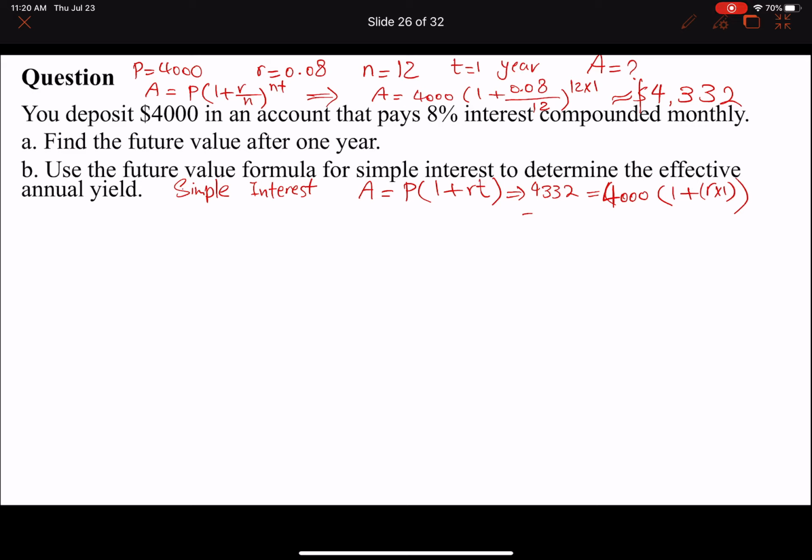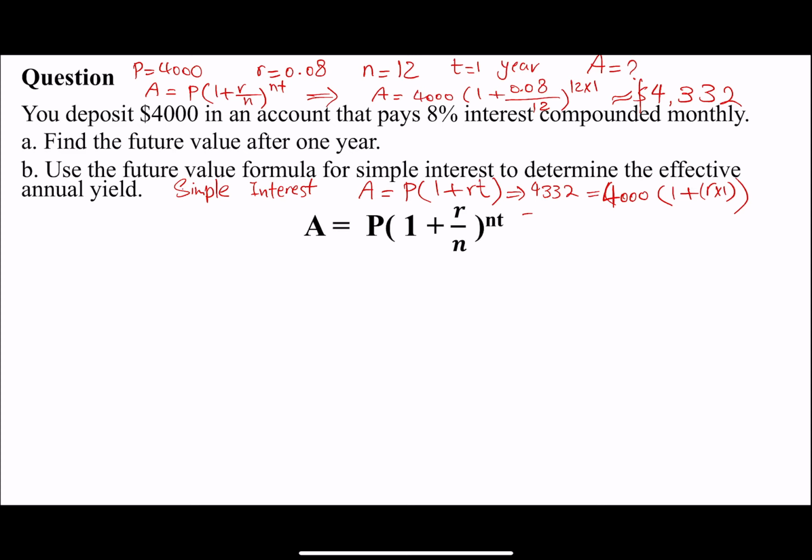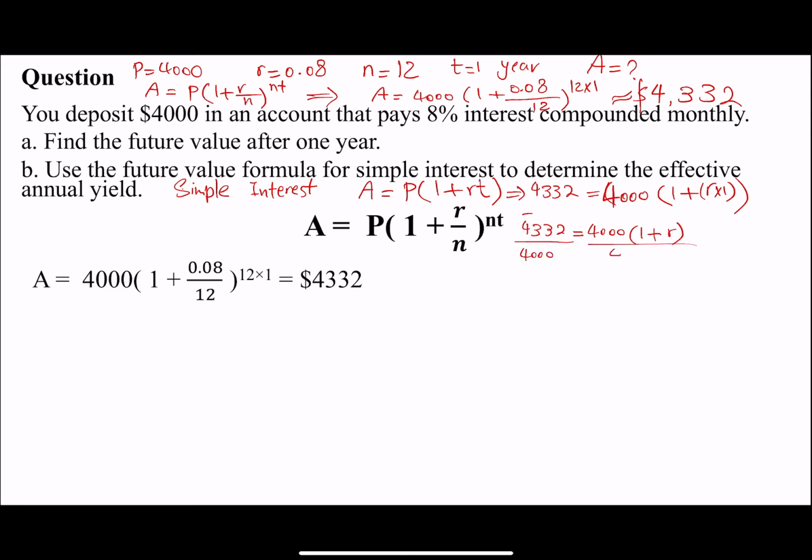You want to find it, so you need to get rid of the numbers around it, right? So what I do, I divide both sides of that equation by 4,000. So I have 4,332 is equal to 4,000 times 1 plus R times 1, which is R. I divide both sides of this equation by 4,000 because I want to have the unknown R by itself on one side of the equation.